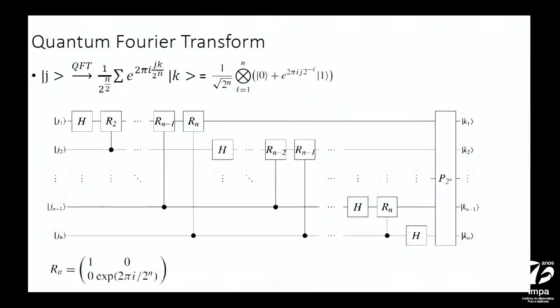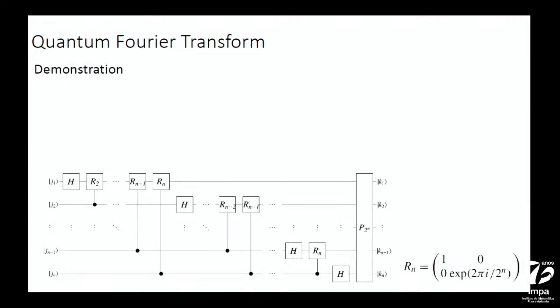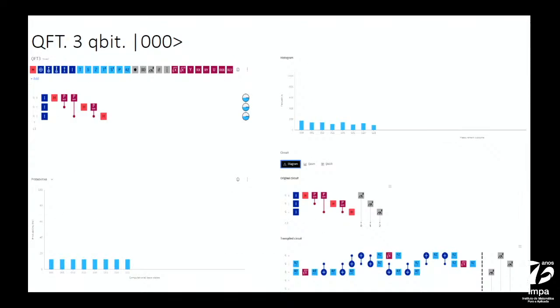But let me show how it actually works. Assume that I do 3 qubits. This is an easy scheme which is implementing it. I think you cannot see it well, but this is just phase gates, controlled phase gates properly.